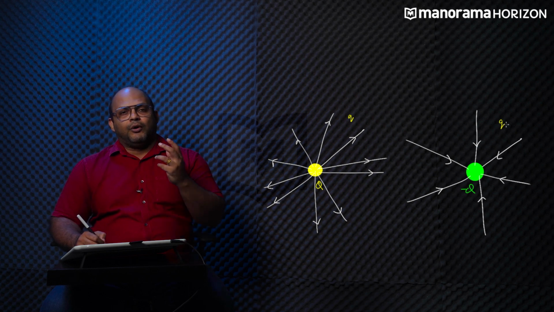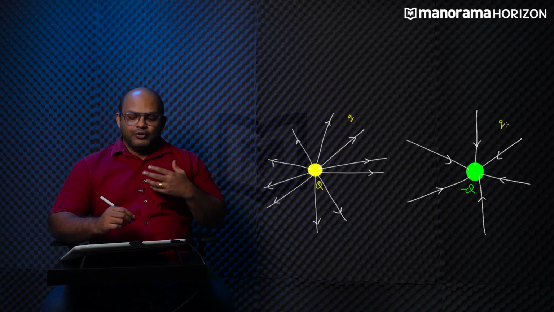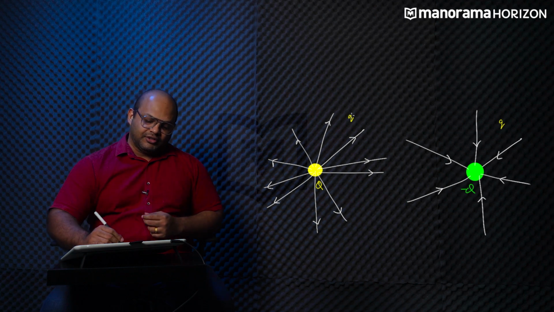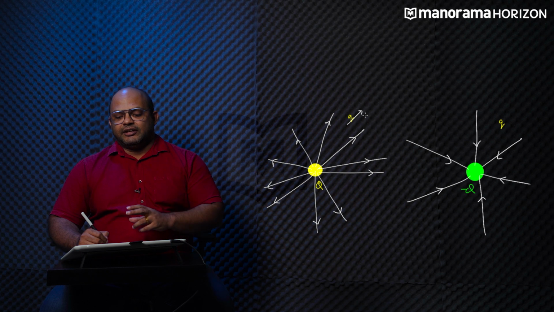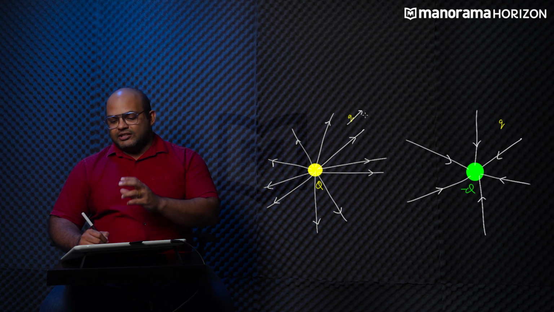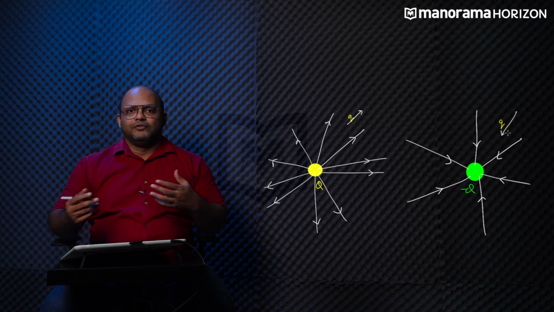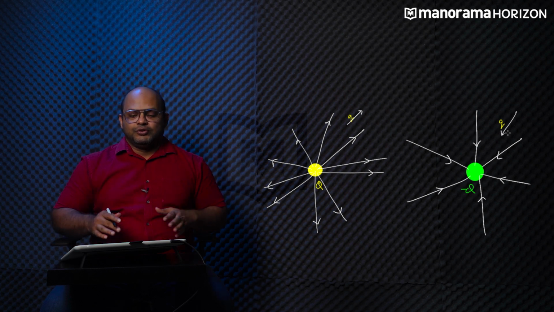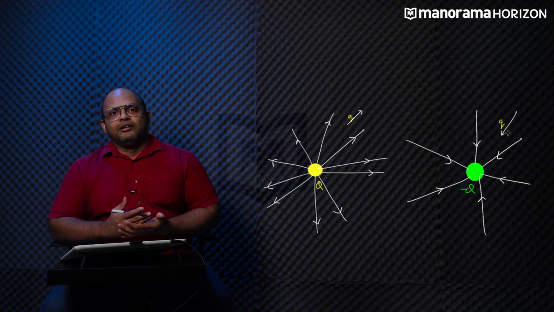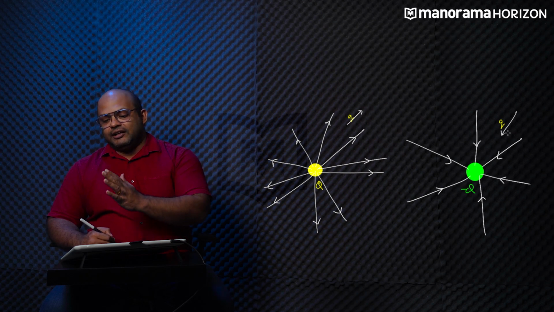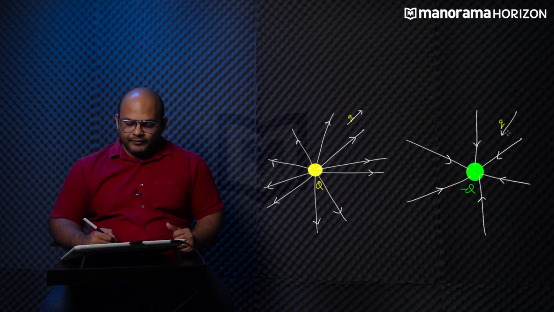So if you place a positive charge in the vicinity of a larger positive charge, you will see that the force on this charge is oriented in the outward direction. While if you are considering a negative charge placed at the center of the system, the test charge will be experiencing an inward force. That is what we use to define the orientation of electrical field lines for positive and negative charges.